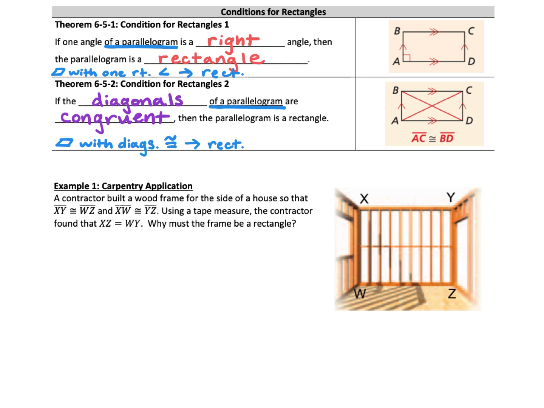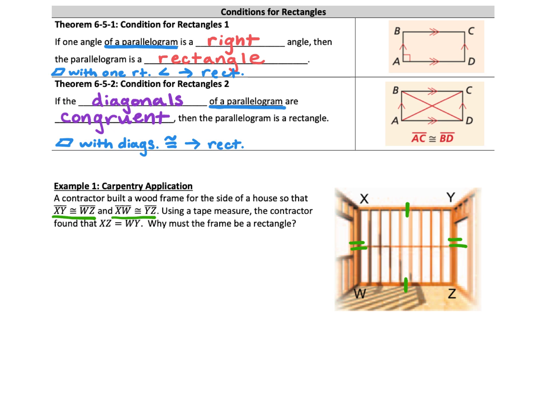The first thing that I would recommend that you do here is mark what's given. We're given that XY is congruent to WZ, so that is the top segment and the bottom segment, and also that XW is congruent to YZ.